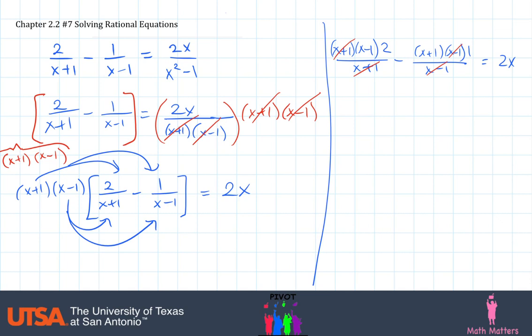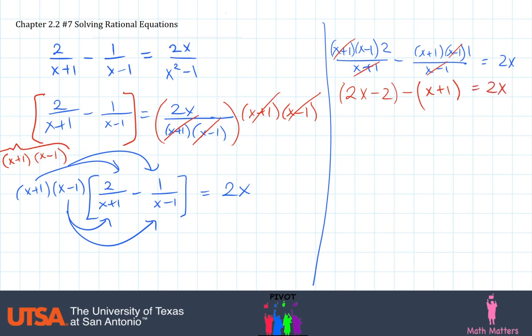And now we can distribute that 2 to the x minus 1 and the 1 to the x plus 1. So that'll give us 2x minus 2 minus, and be careful about this part, parentheses are your friends, 1 times x plus 1, so that's just x plus 1 again, is equal to 2x.